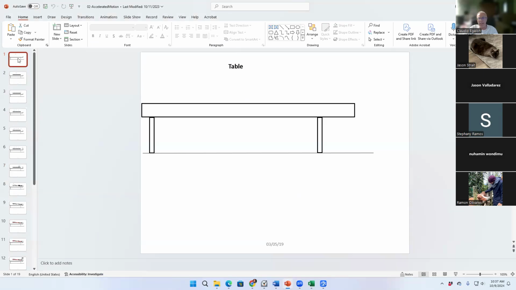So let me walk step by step through how this experiment is performed in real life. We start with one of those tables that we have in the classroom. The first piece of equipment is an air track.